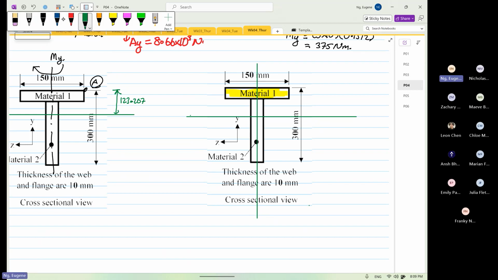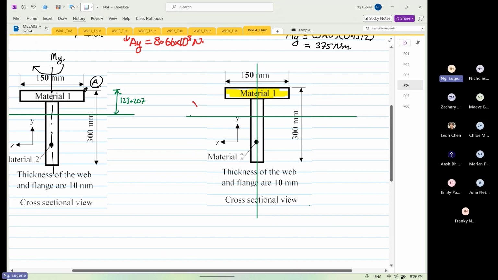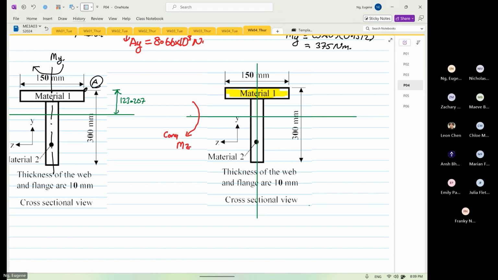So we know that we have a moment about Z doing this. This is in compression. This is in tension.